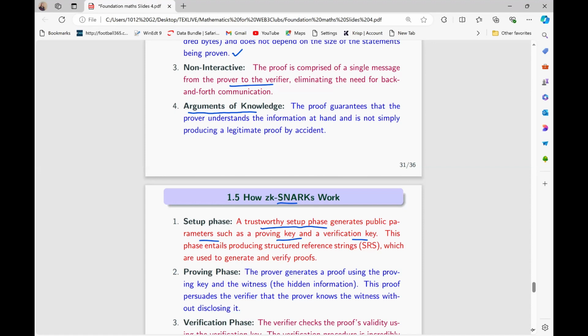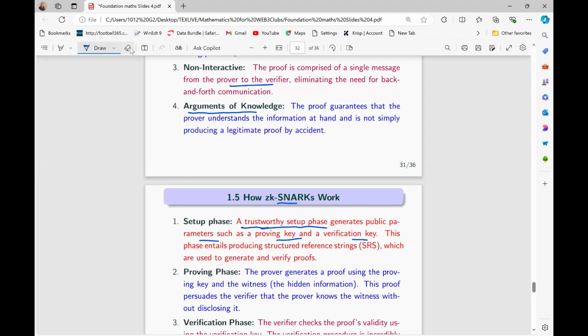Trustworthy here means that the prover and the verifier have to have trust in each other, that nobody else has those keys, so that the verifier knows the key is from the other person, and the other person also knows that, so that you're not doing business with other people that may con you.